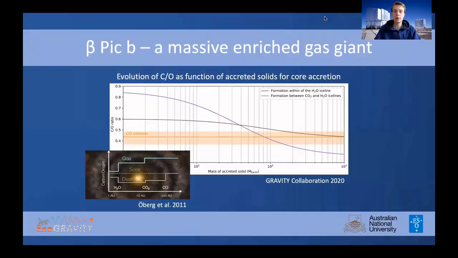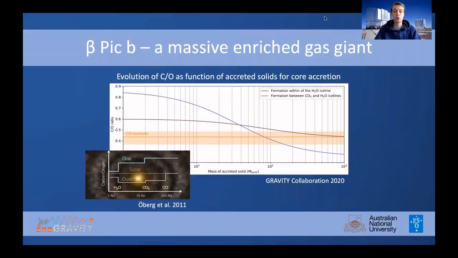For a massive planet like Beta Pictoris b, formation via gravitational instability would happen too fast to allow for such an enrichment. Only in the core accretion scenario can a sufficient amount of planetesimals be accreted.